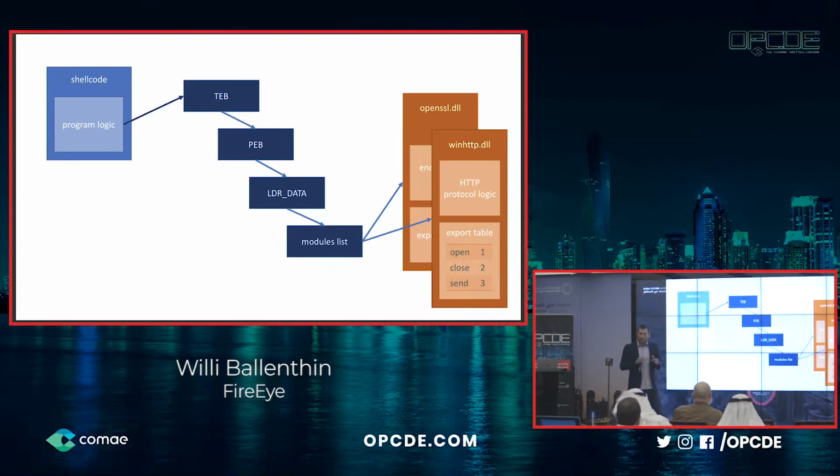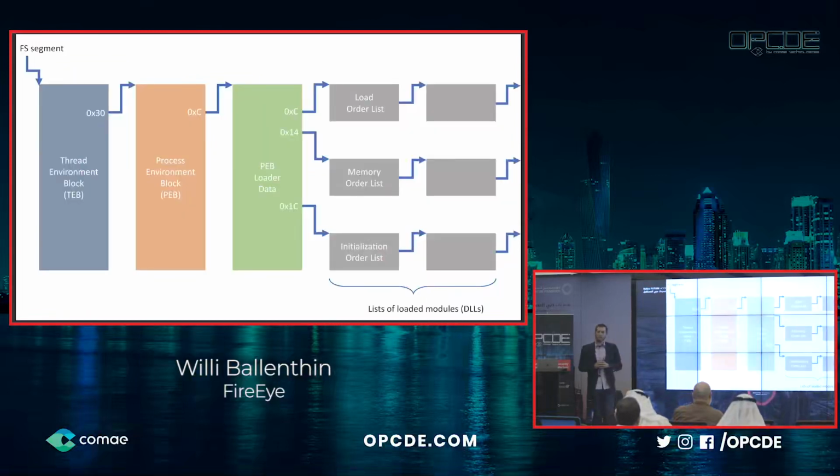Concretely, under the hood, we're going to dive down even another layer here. In order to walk these structures, we'll have to take the following steps. We'll have to start by using the FS segment, which you can think of as a register that contains a pointer that always goes to this global structure called the thread environment block, metadata about the currently executing thread.